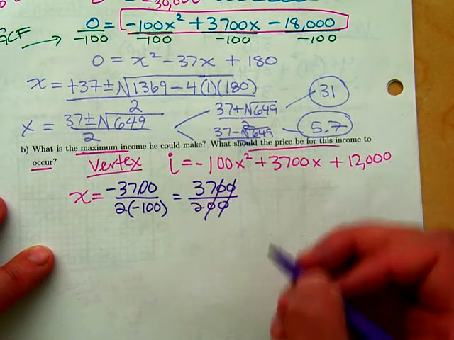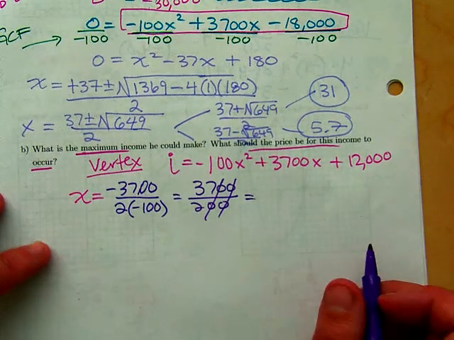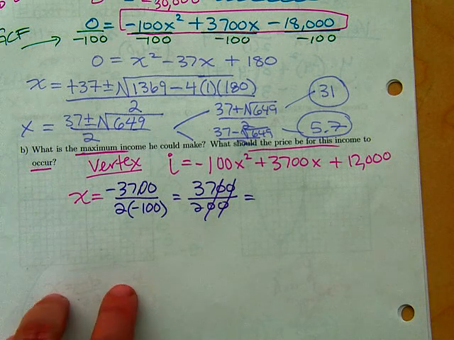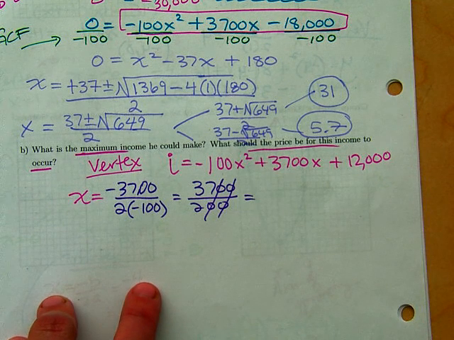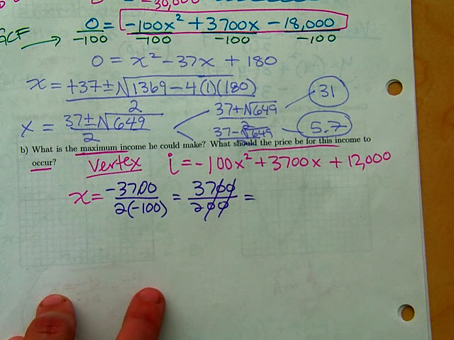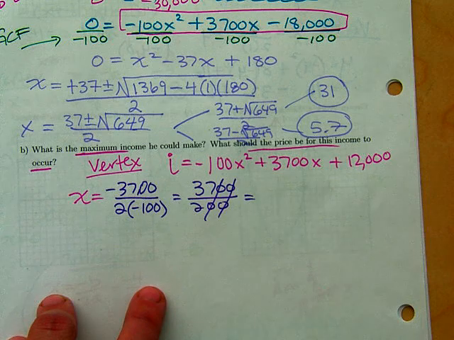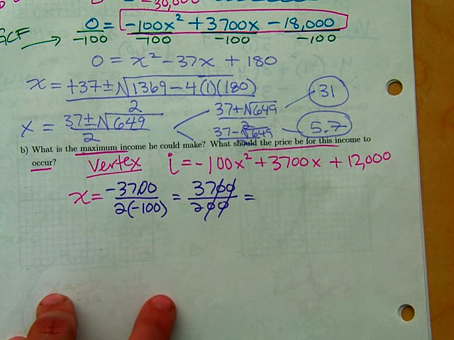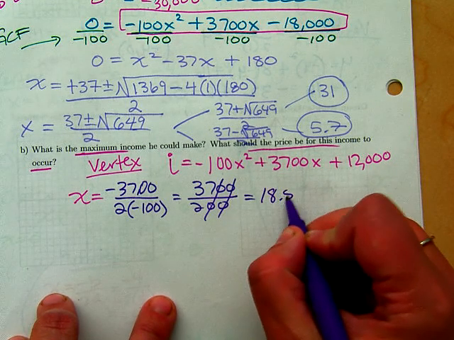Negative divided by negative is a positive. What's half of 37? 37 divided by 2 is 18.5.